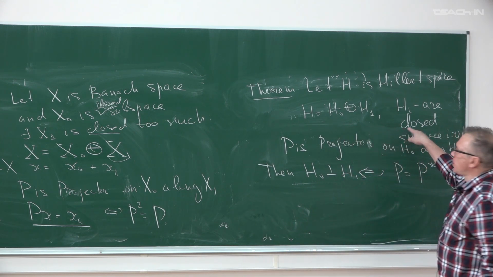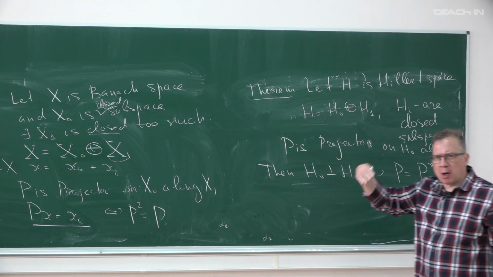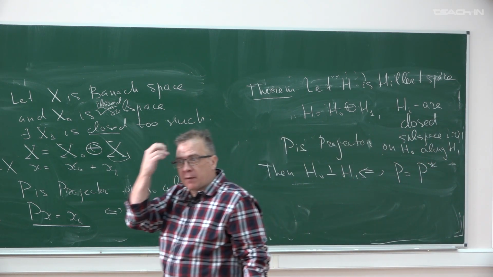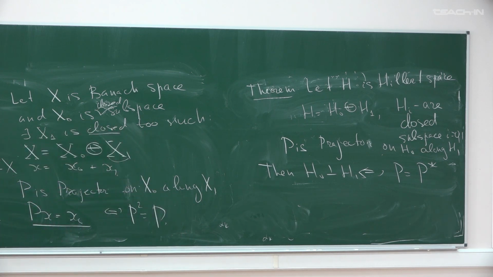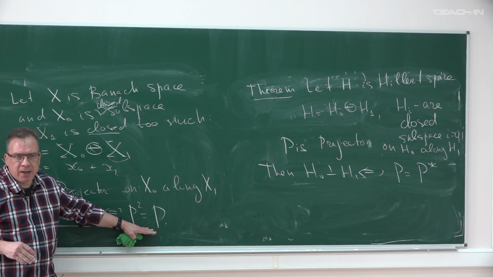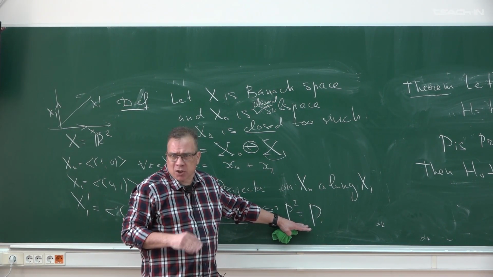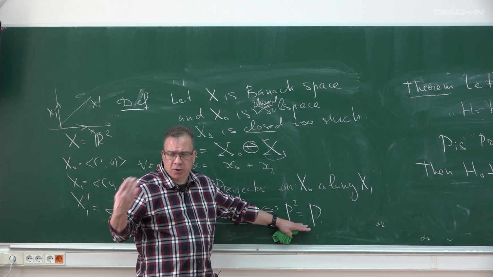You understand that we take closed subspaces because we want to deal with bounded operators. So, self-adjointness of projectors, but also idempotence. You can consider this as the definition of a projector in a general situation.